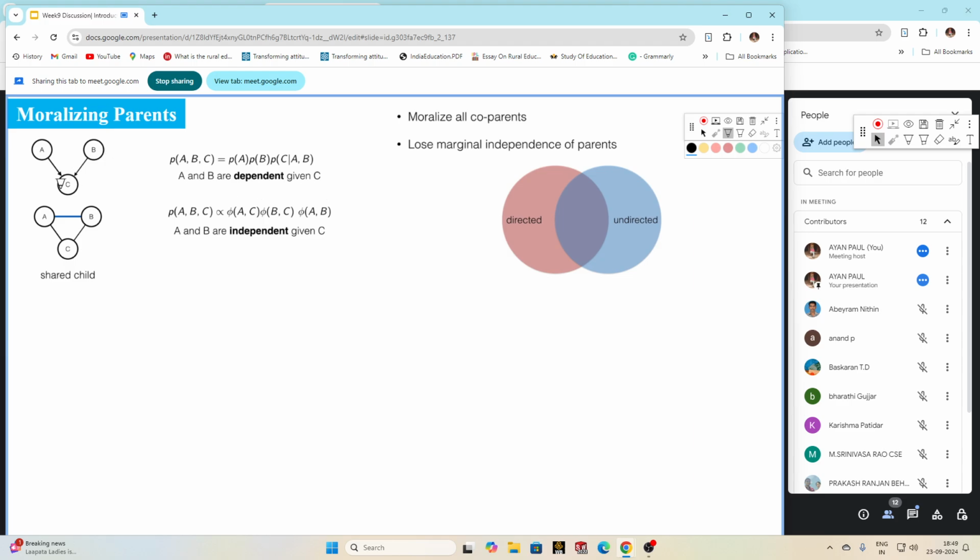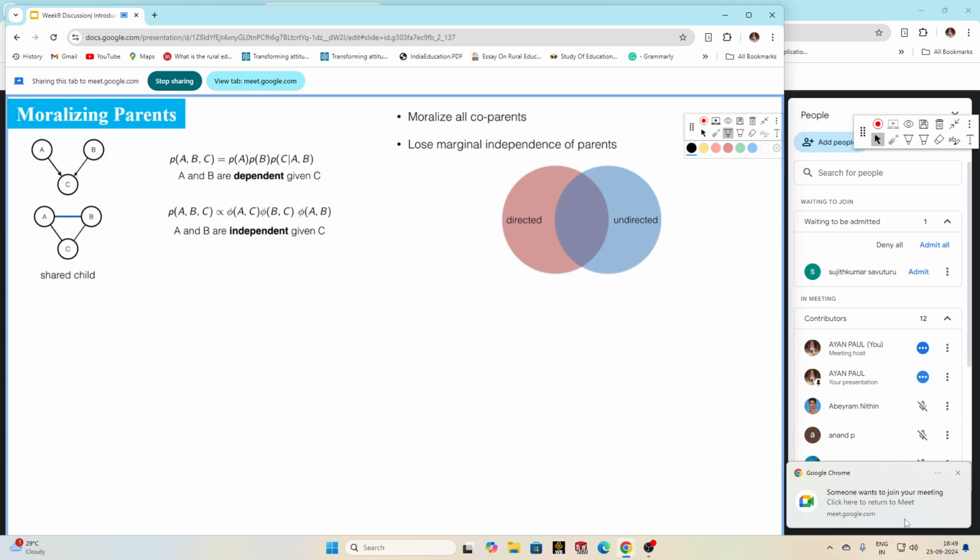That is the third rule, or the explaining away effect in our Bayesian network, you might remember. But if we talk about independence, if we do not have this line between A and B, then if C is given according to our Markov random field, if the neighbor is given, then A and B are independent. So here this is a problem.